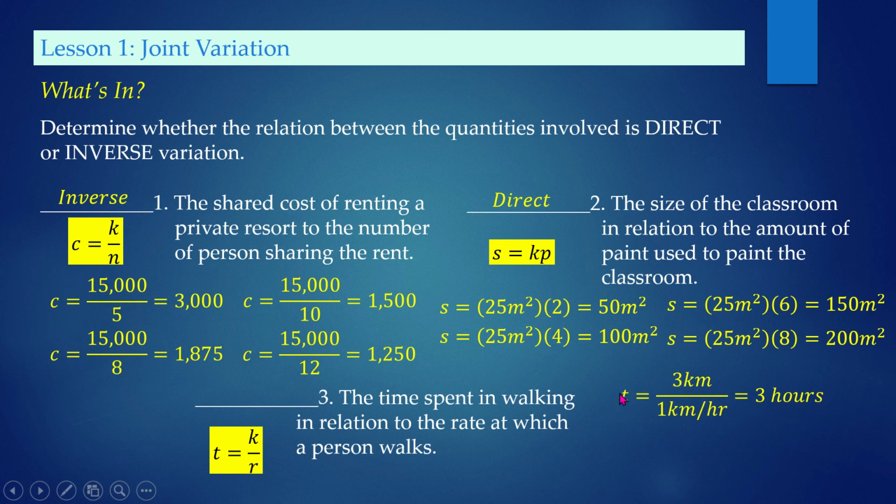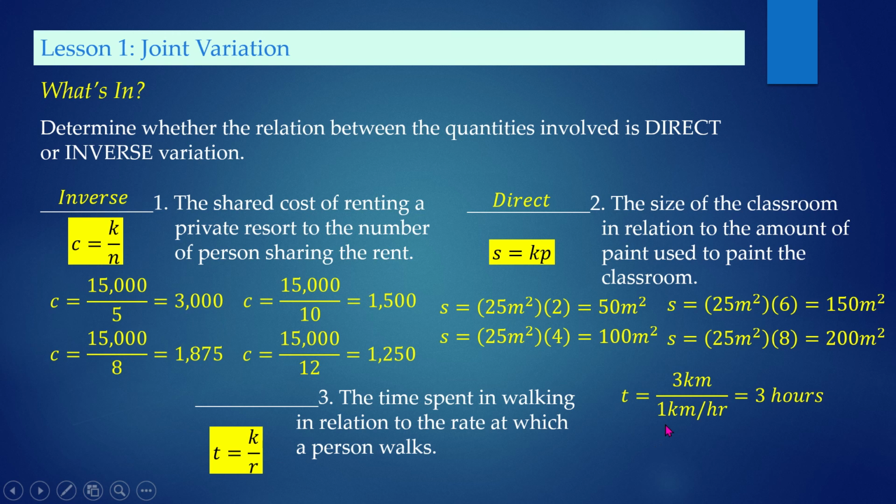Let's take an example. To compute for the time spent in relation to the rate at which a person walks. So for us to determine the time, if a person walks for about 3 kilometers, and his walking speed is 1 kilometer per hour, how many hours did he use in walking to cover 3 kilometers?